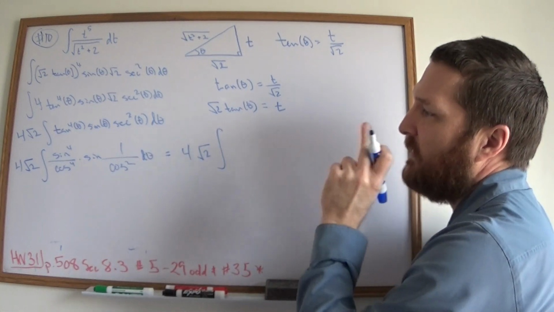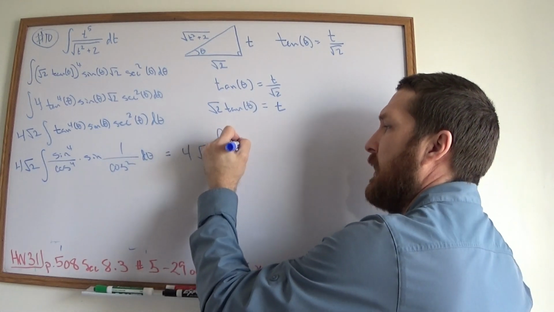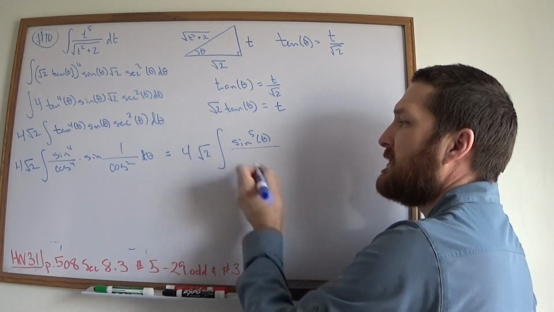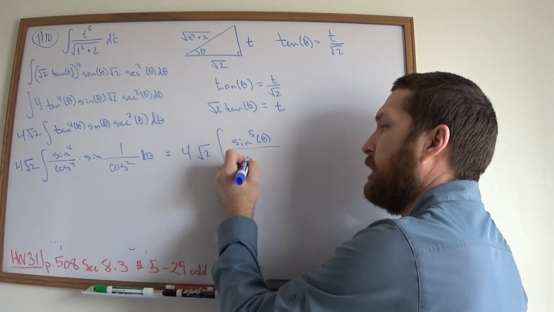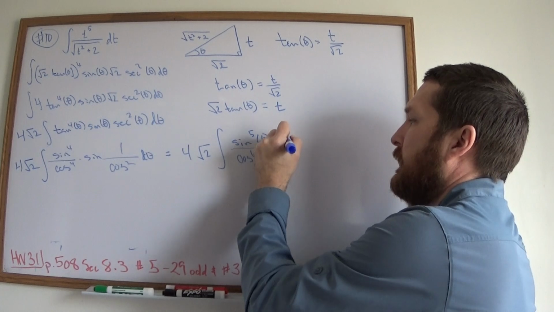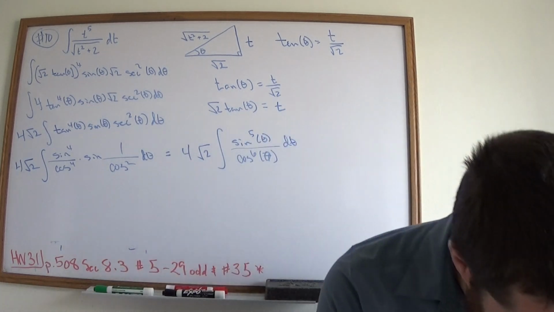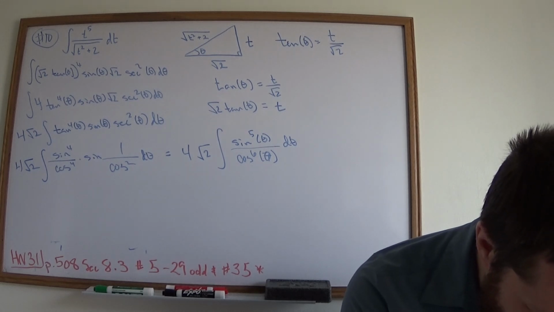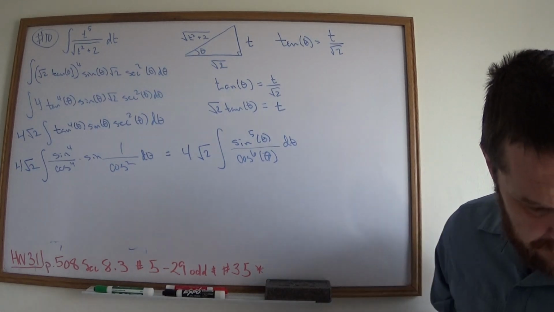Now I have a total of 5 sines on the top, so sine to the 5th theta, over 6 cosines on the bottom, d theta. Is that what I got down here? Make sure I got this right. Yes, that's how I do it.